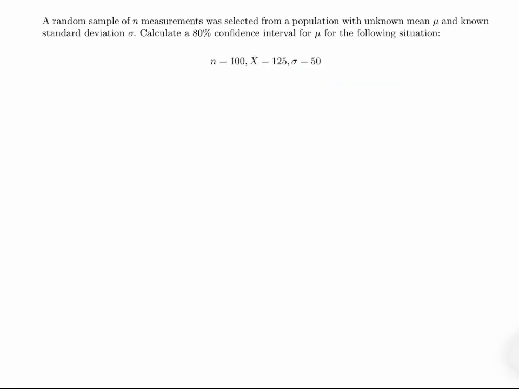A random sample of n measurements was selected from a population with unknown mean mu and known standard deviation sigma. Calculate an 80% confidence interval for mu for the following situation. Again we know sigma. Therefore, the confidence interval for mu is x bar plus or minus z star sigma over root n.